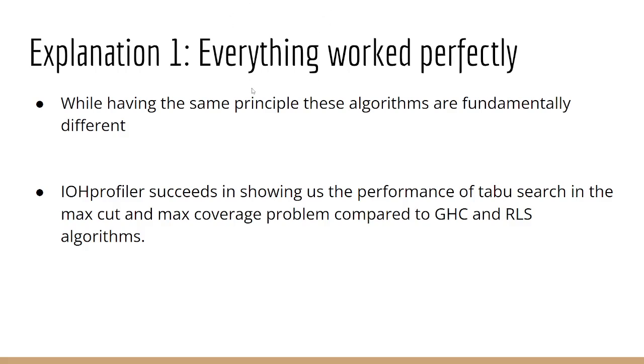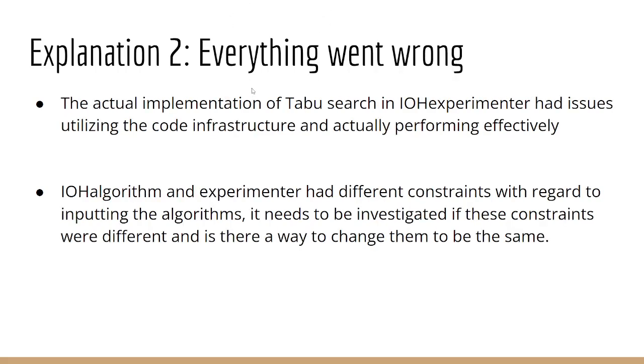The second explanation is that everything went wrong and I completely messed up. The actual possible cause is that the actual implementation of the taboo search in the iWedge experimenter had issues utilizing the code infrastructure and actually performing effectively. Basically, the code that we wrote for iWedge, the taboo search was just not good, which is a possibility and may not work effectively.